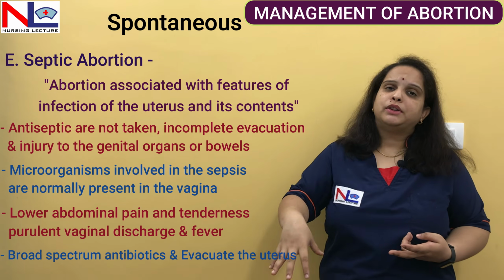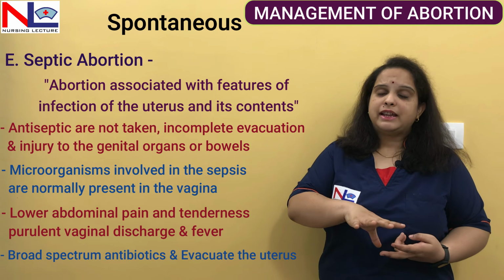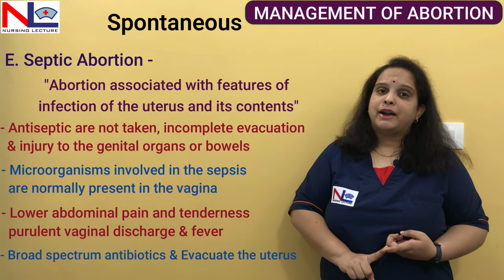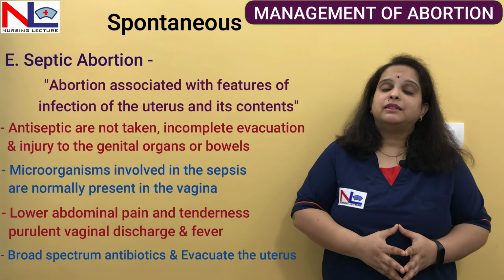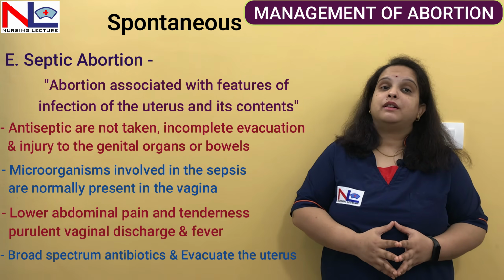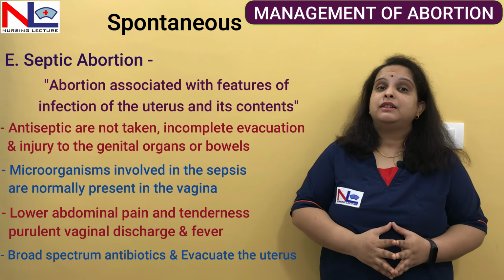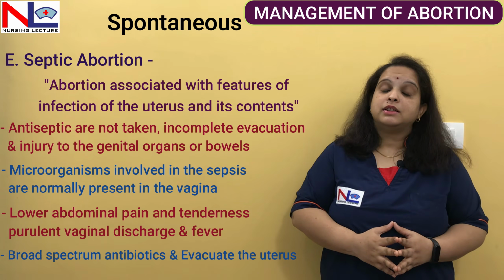So we can evacuate the uterus and remove all the parts of the conceptus that remain inside the cavity. So evacuation could be done, and broad spectrum antibiotics we can administer intravenously. So these are certain causes behind the isolated and recurrent spontaneous abortion, and depending on the causes, they can be managed.